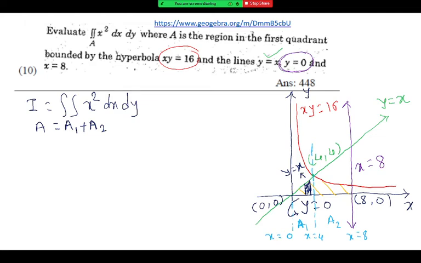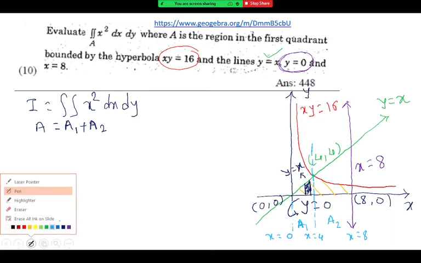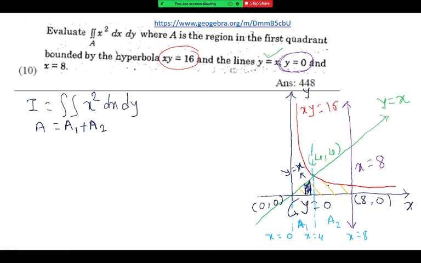So from x equal to 0 to 4, the region A1 is a triangle type region, where the lower end varies on y equal to 0 and the upper end varies on y equal to x. But when we come to region A2, the lower end will again vary on y equal to 0, so the lower end doesn't have the problem.